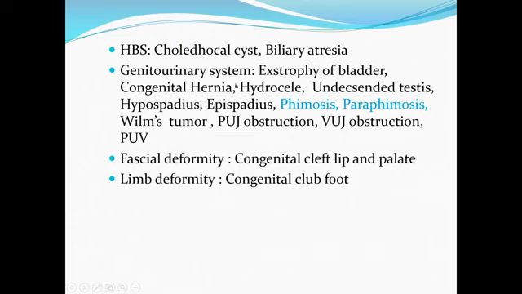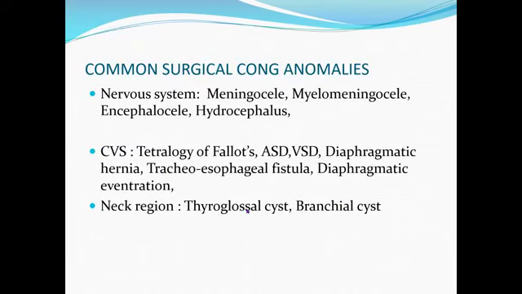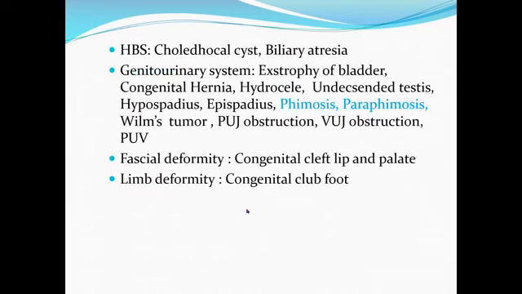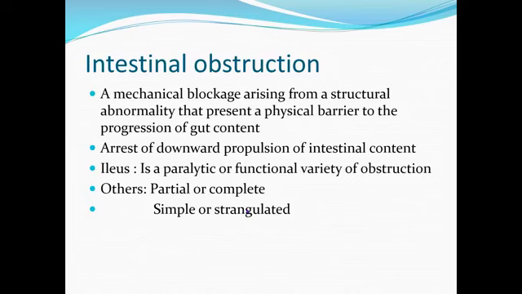Among the genitourinary system, exstrophy of bladder, congenital hernia, hydrocele, undescended testis, hypospadias, epispadias, phimosis, paraphimosis, Wilms tumor, PUJ obstruction, and posterior urethral valve. Some facial deformities like congenital cleft lip and palate, and limb deformity, congenital club foot. So these are some common surgical congenital anomalies in neonates and infants.